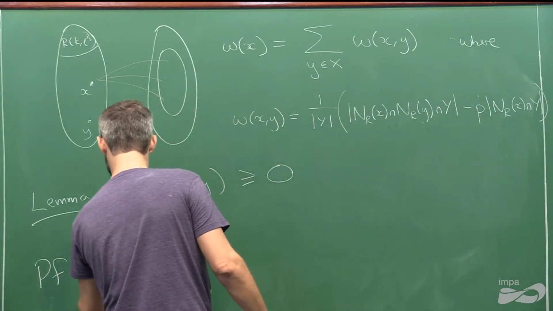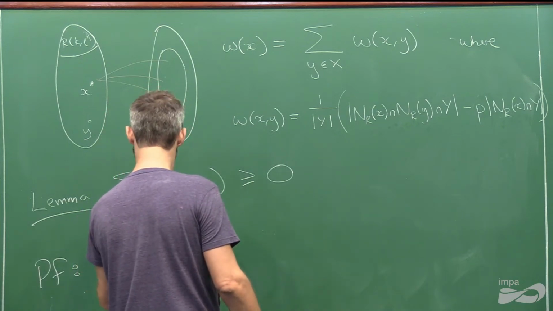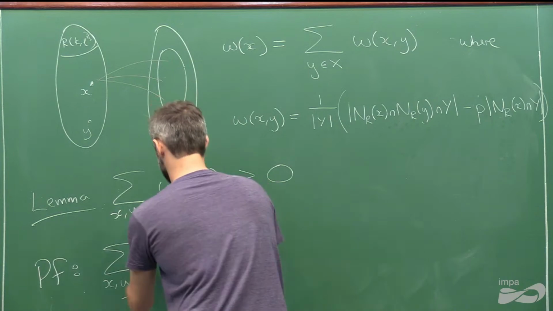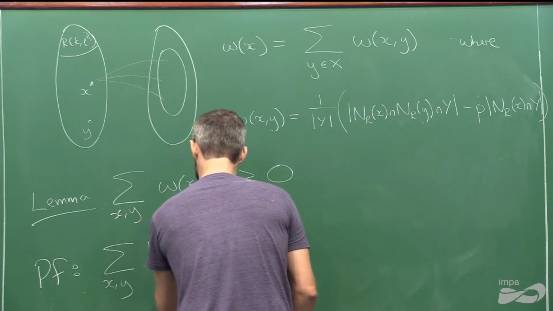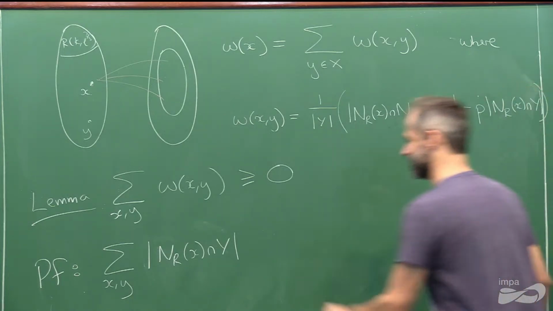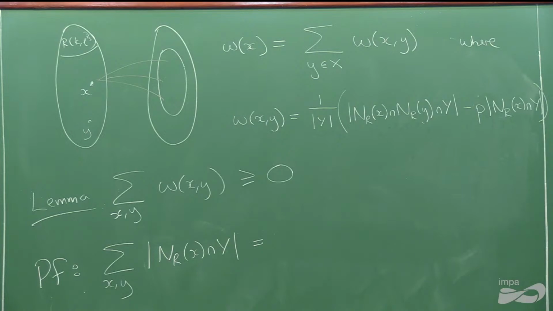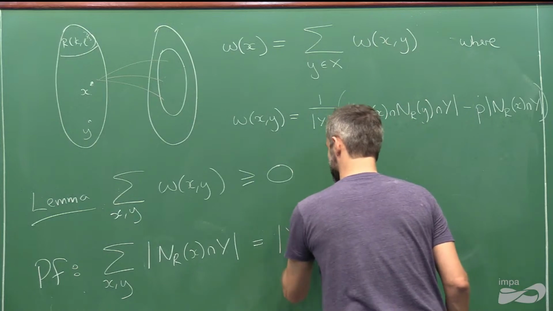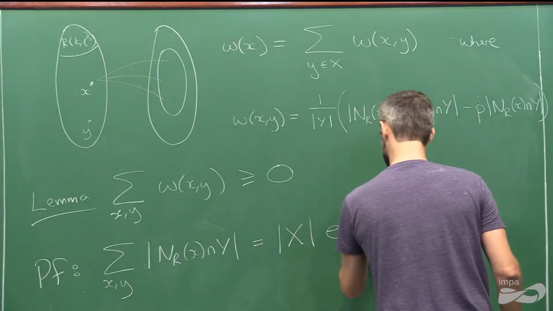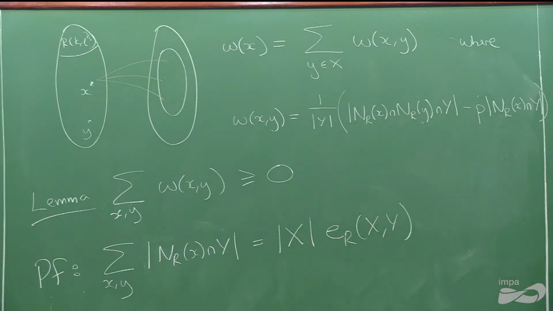Maybe this one's easy to do, so let's do that one first: the sum over x and y of the red neighborhood of x intersect Y. I'm taking out the p and the 1 over Y. Yeah, the Y is just not doing anything, so it's the size of X. And the sum over x of this thing, we're just counting up all of the red edges between X and Y, which is p times the size of X times the size of Y.